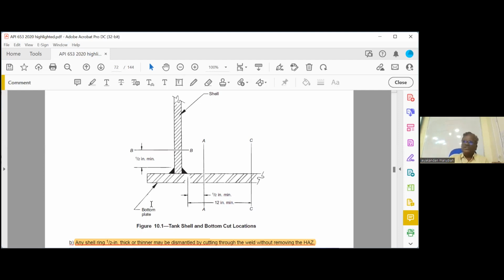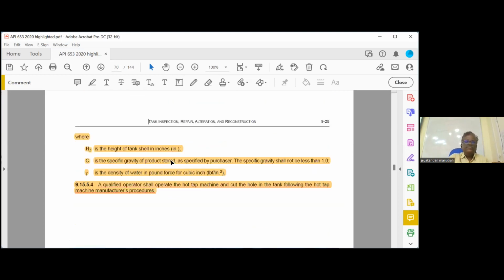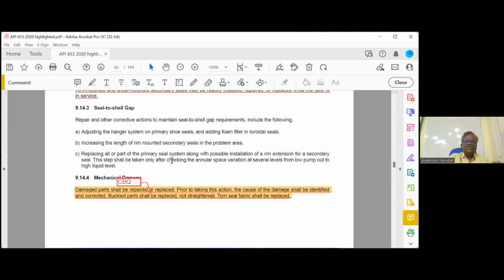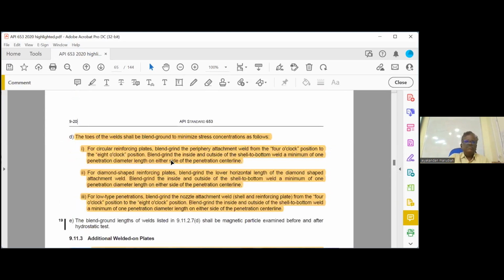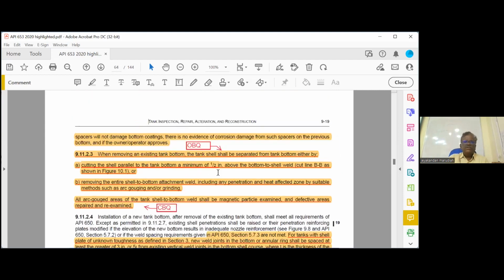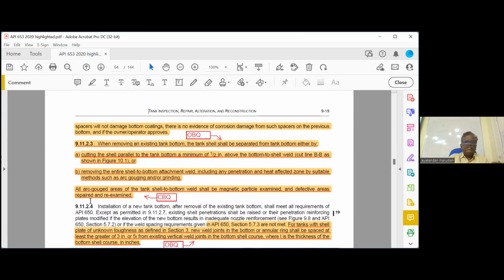Or you can cut it at BB and CC also. You can see here, but this is not important actually. So highlight this one only. All gauge areas of shell to bottom shall be magnetic particle examined and defect areas re-examined and repaired.